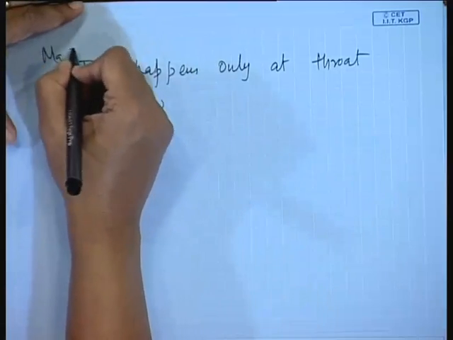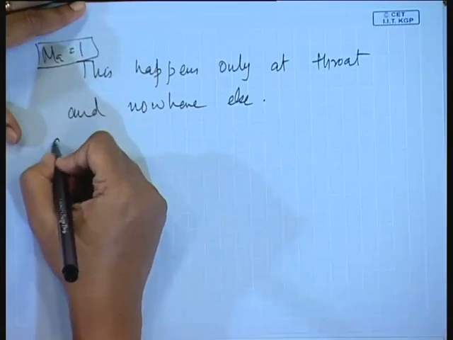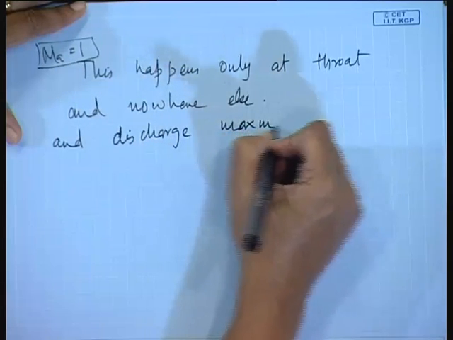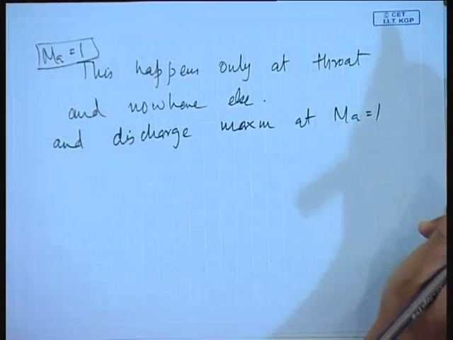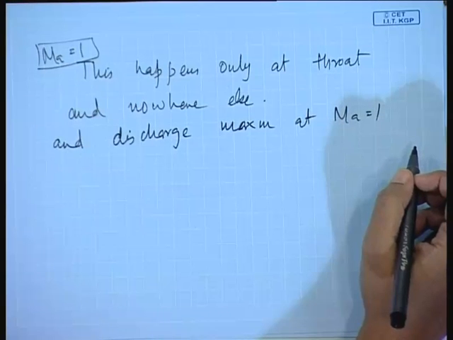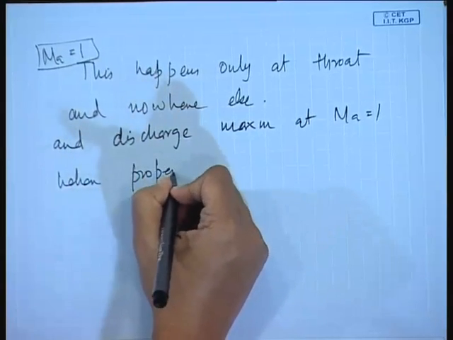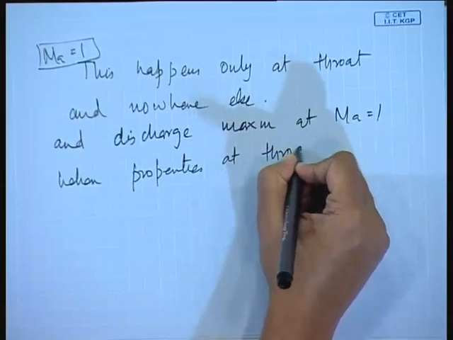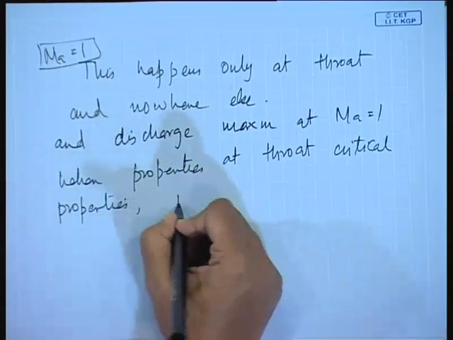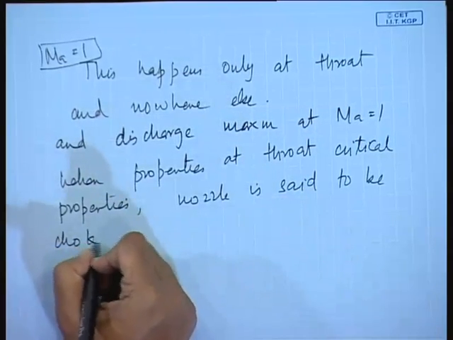So, Ma equals 1, as I had told you, happens only at the throat and nowhere else, and the discharge is maximum at Ma equals 1. Therefore, properties at the throat can be the critical properties, and when properties at the throat are critical properties, the nozzle is said to be choked. It delivers the maximum flow rate.